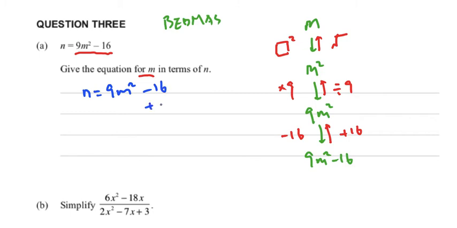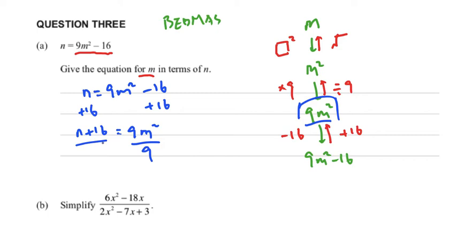Let's add 16, and then you can see you have to add 16 to the other side, and n plus 16 equals to 9m. Okay, one step closer, we have this now, right? And next step, we have divide by 9, and cool. One step closer, we have n plus 16 divided by 9 equals to m squared.